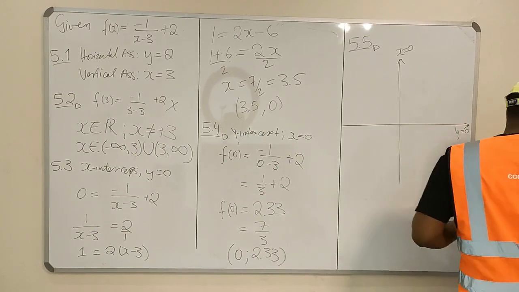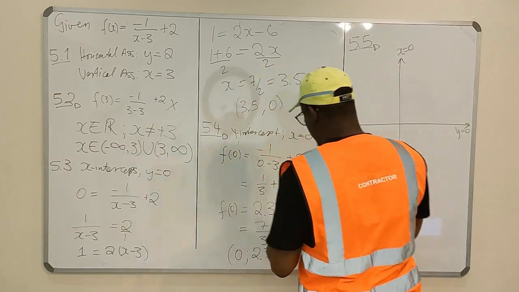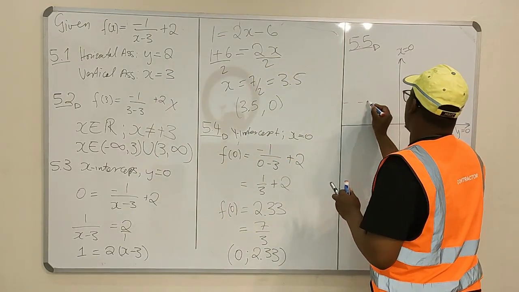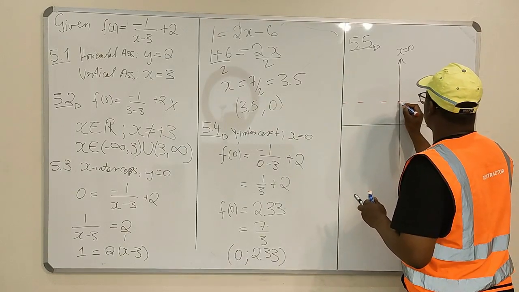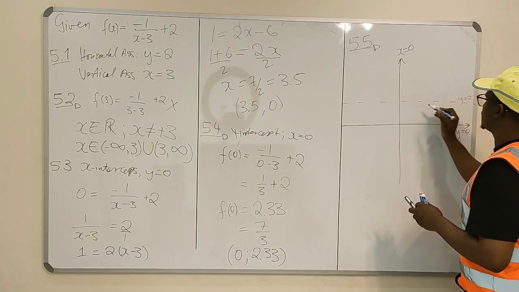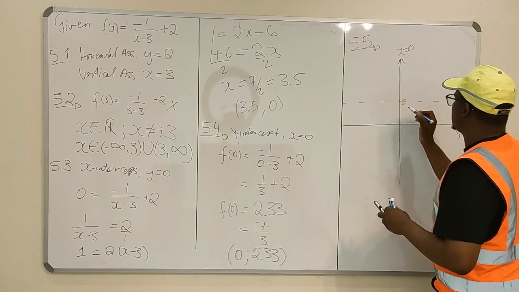So what else do we have? We have our horizontal asymptote at y is equal to 2. So it's somewhere here. This is our y is equal to 2. So we have 2 here.